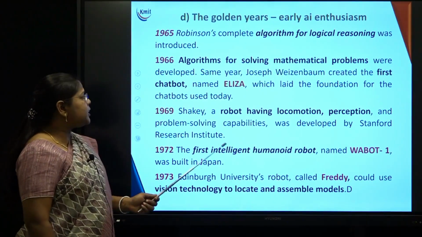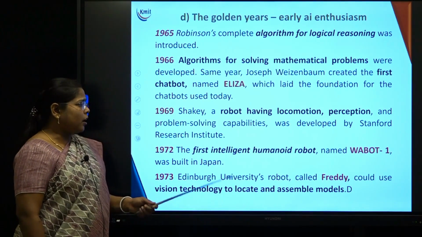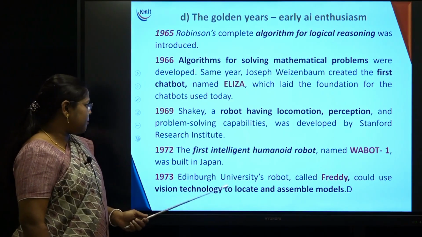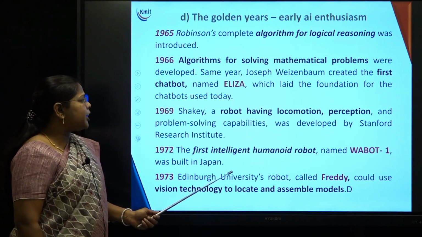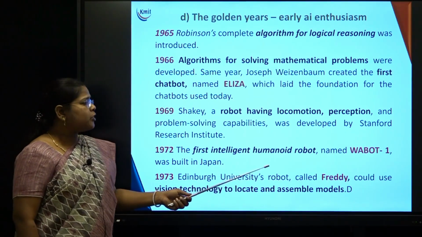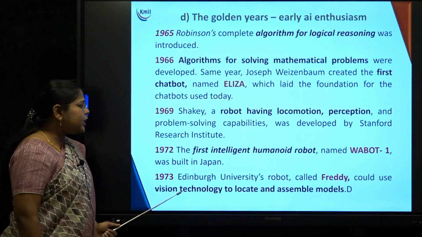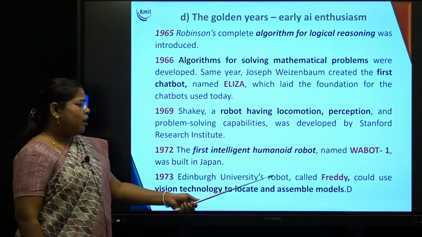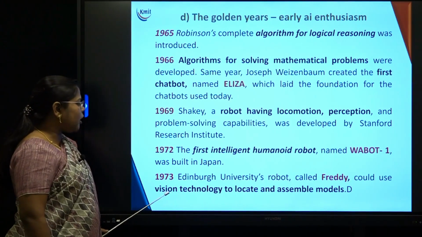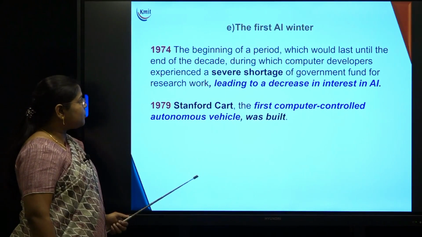And later in 1969, a robot with locomotion and perception for solving capabilities. In 1972, they defined a humanoid robot called Wabot-1, which was developed with AI. Later in 1973, they defined FREDDY, a vision technology to locate and assemble the model.